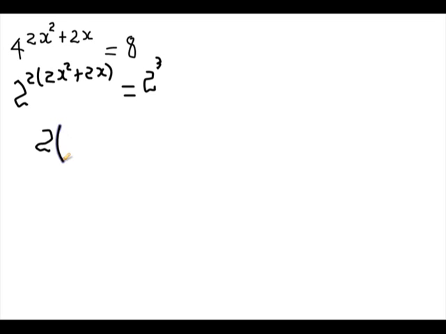So 2 times 2x squared plus 2x equal 3. Okay, so we're just gonna solve this.